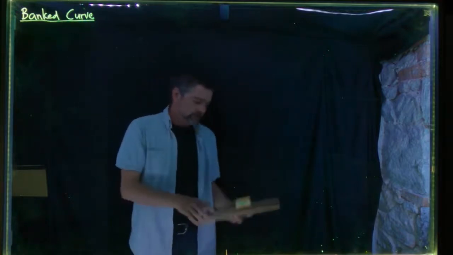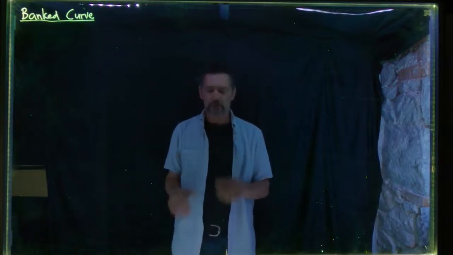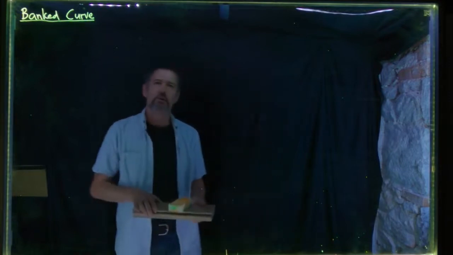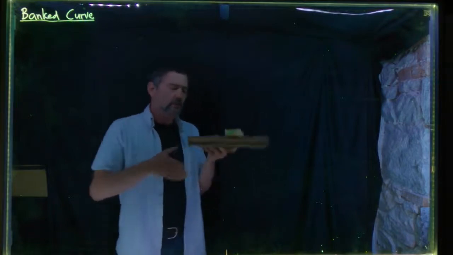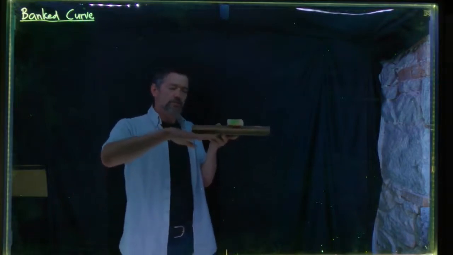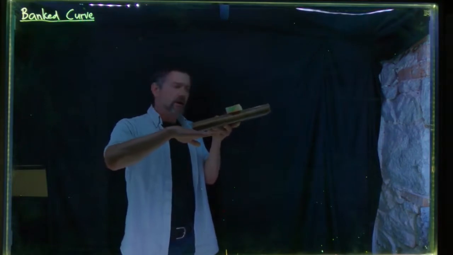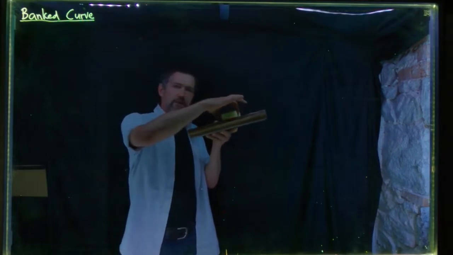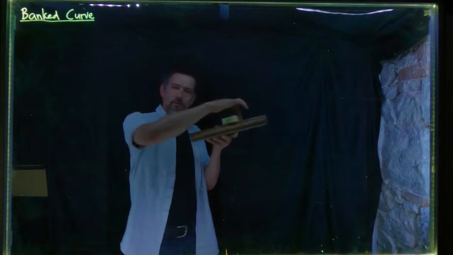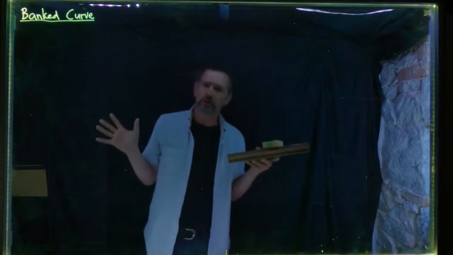Okay, so very good. So now in high school physics, everyone does the banked curve problem, and the banked curve problem is usually stated something like this. We have a road which is banked at some particular angle, 27 degrees, and there's a coefficient of static friction between the tires and the road of, let's say, 0.82.